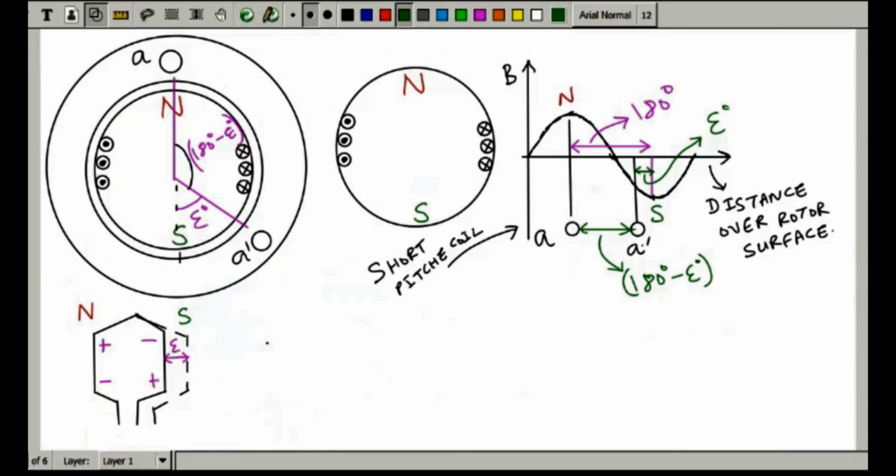You can see this will be your coil A, and over here you will have the coil A dash. So in this case the induced EMF is EM cos epsilon degree, as it is short pitched by epsilon degree. Now if I want to draw it in terms of phasor, how will it look? Let's see.